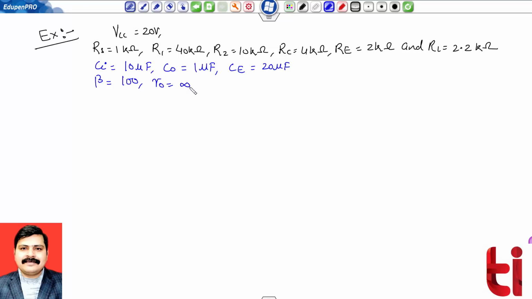Ro is given as infinity. So these are the values given. We have to determine the value of FLi, FLo, and FLe. What will be the value of these terms? Okay, so for better understanding, let me draw the circuit diagram.